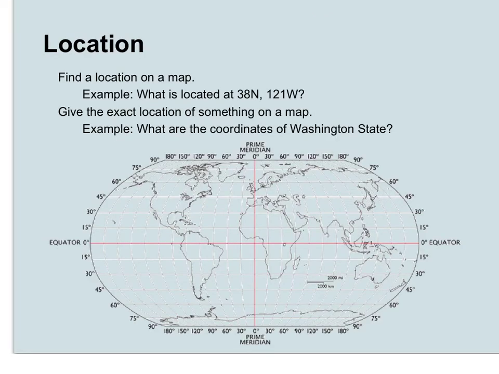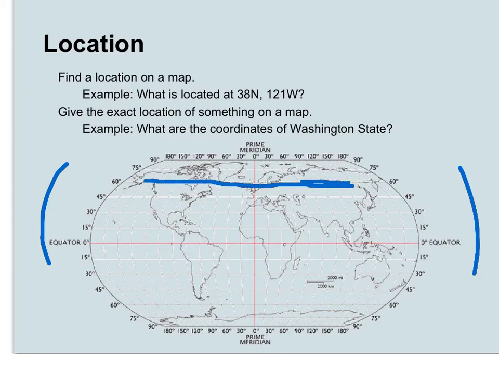Alright, the first thing that you need to learn is about location, finding things on a map. Here's a picture of the Earth, a globe, a map, and we have some numbers going across that represent the lines that are going this way.